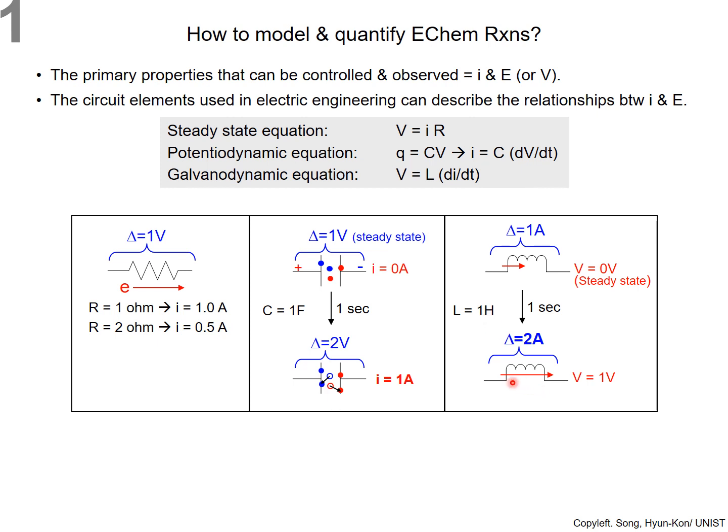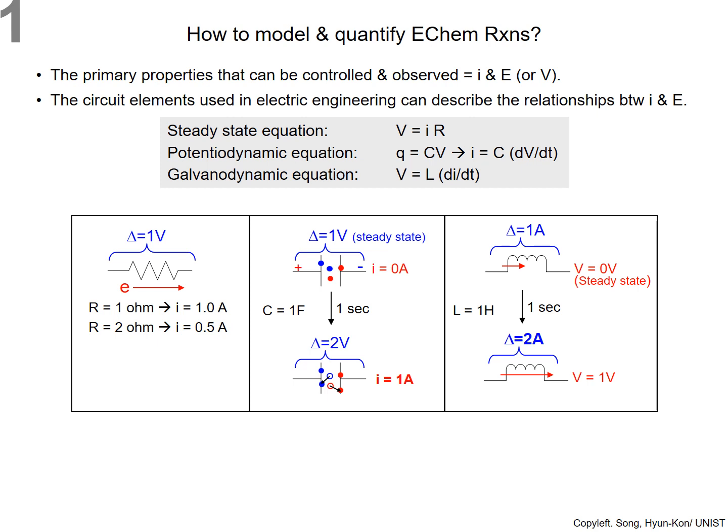Then 1 volt is developed only when you are moving the current at the rate of 1 ampere per second. That is the inductor.